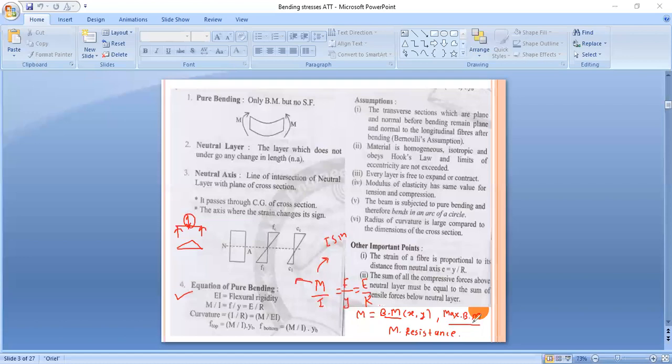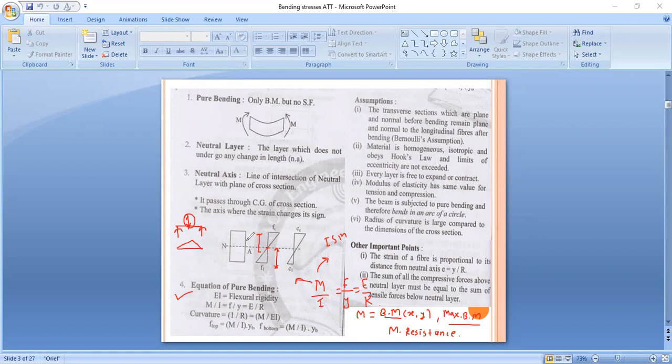Now we will see maximum bending moment. Now see here, this is our neutral axis. Above the neutral axis and below the neutral axis, both dimensions are varied according to our diagram.